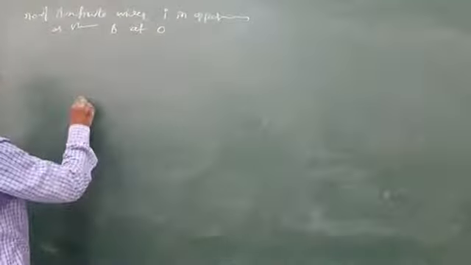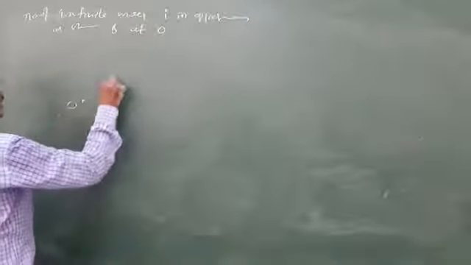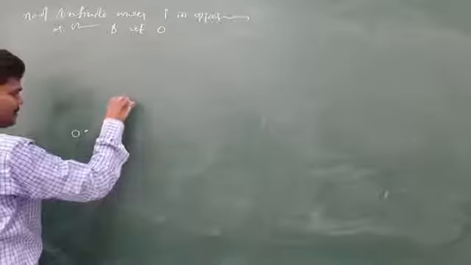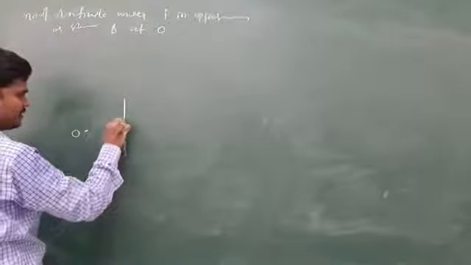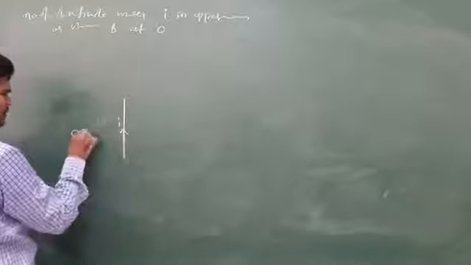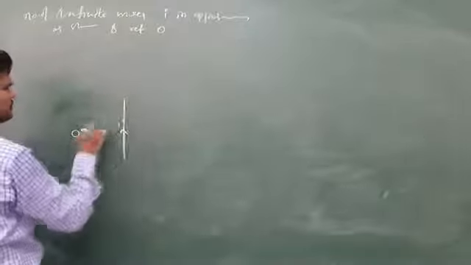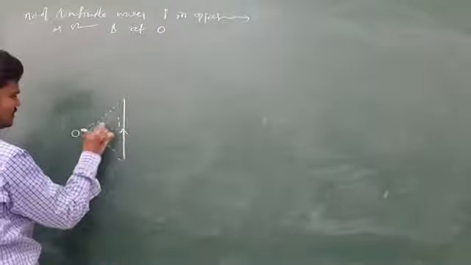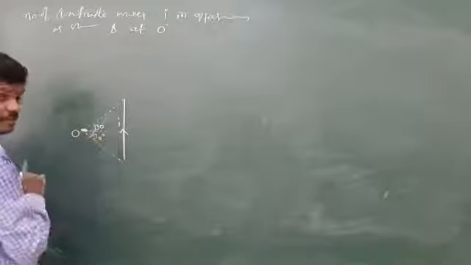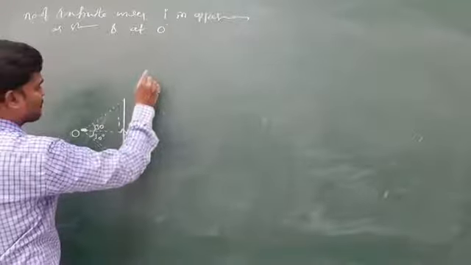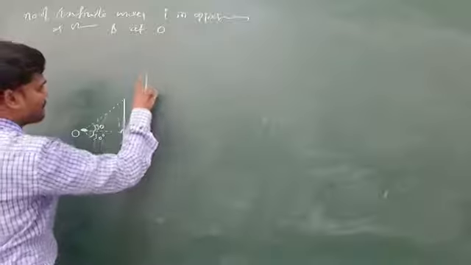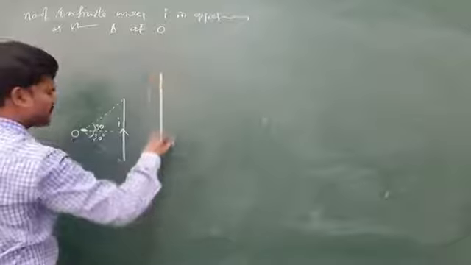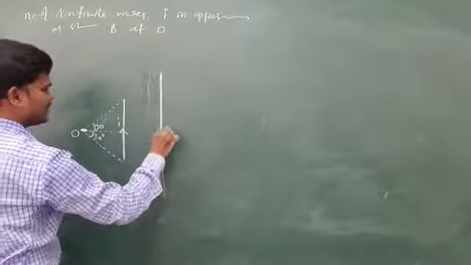See the wires they have given like this. This is O and this is one wire which carries current I. They given this diagram, so this is 30 they mentioned already. And here one more wire, which carries current I in the opposite direction.